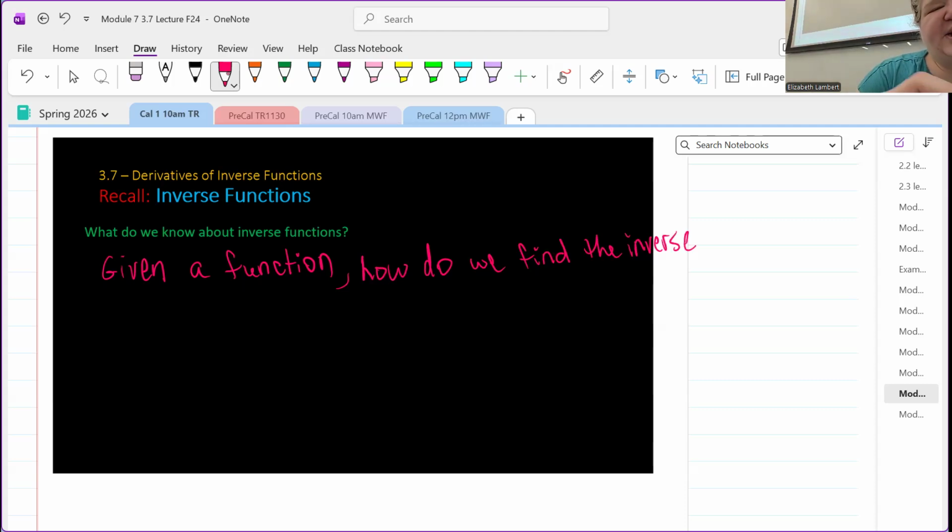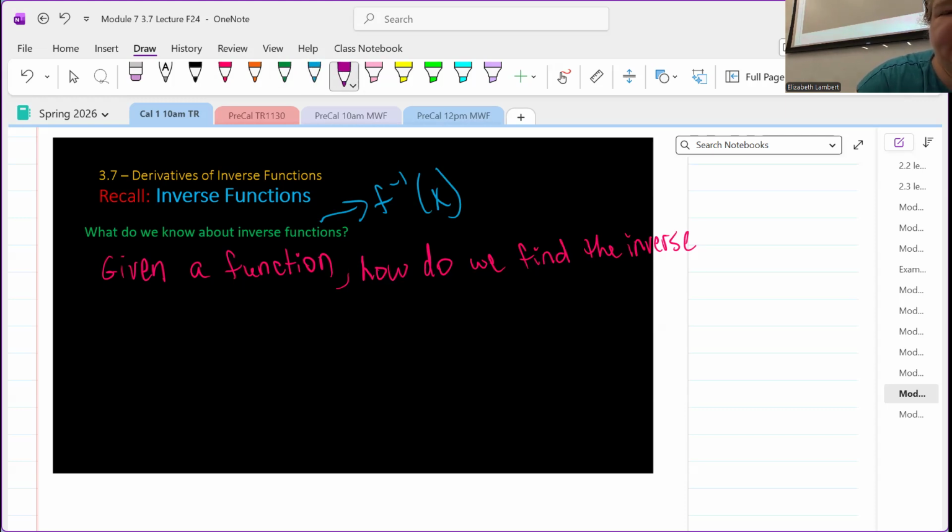So what's the notation for an inverse function? Inverse functions are written as f inverse of x.